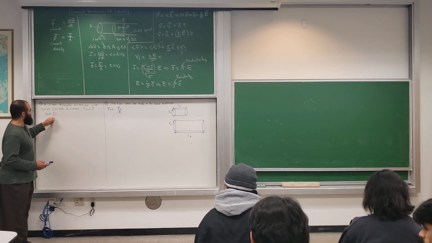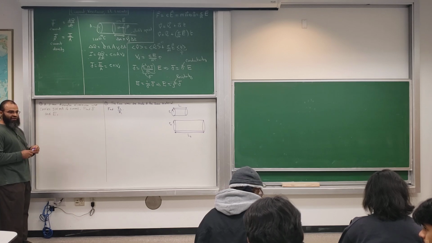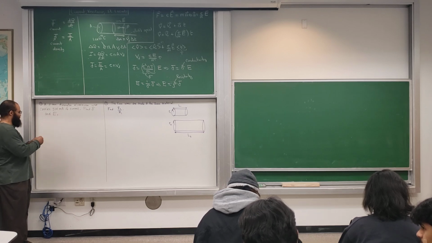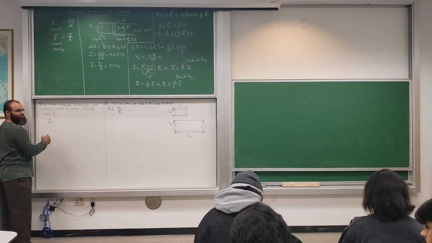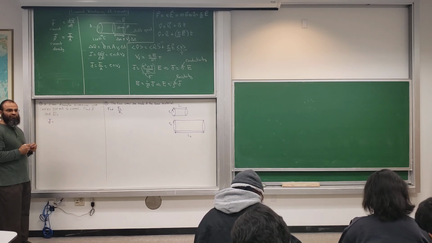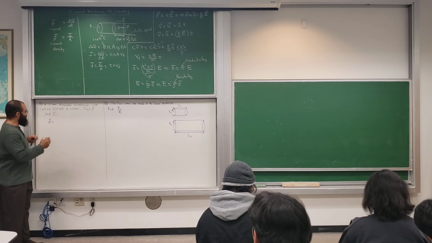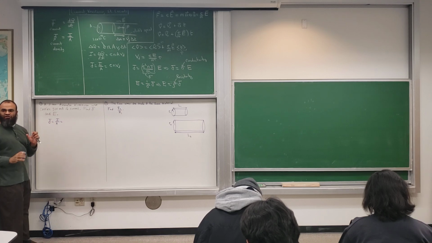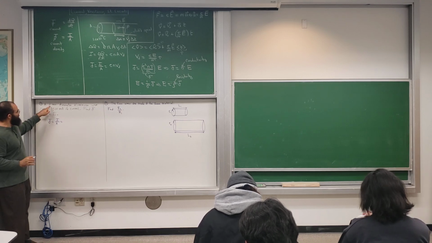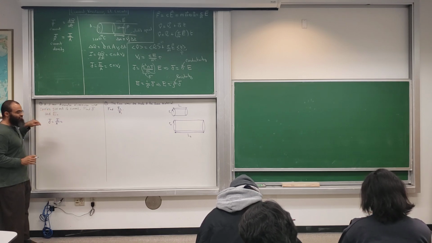Find J and E. So what can we say about J? I over A, good. It's the current over the area. And the area is pi r squared, because we can find the cross section from the diameter of the wire.